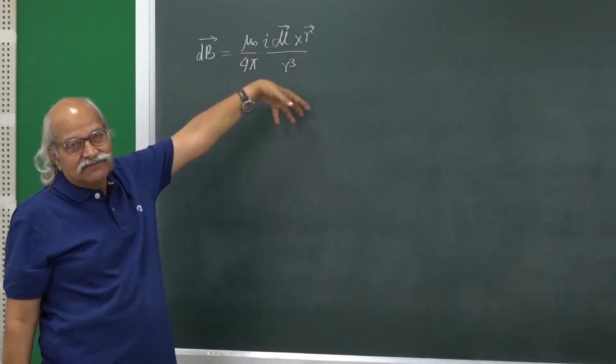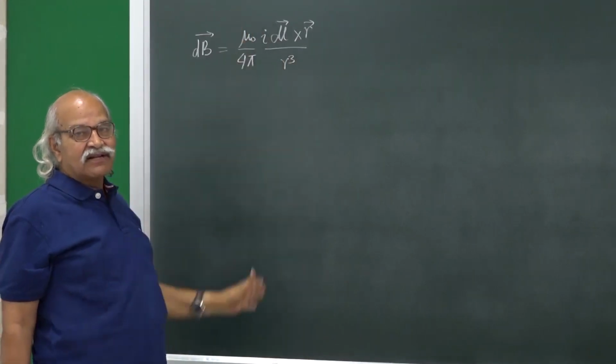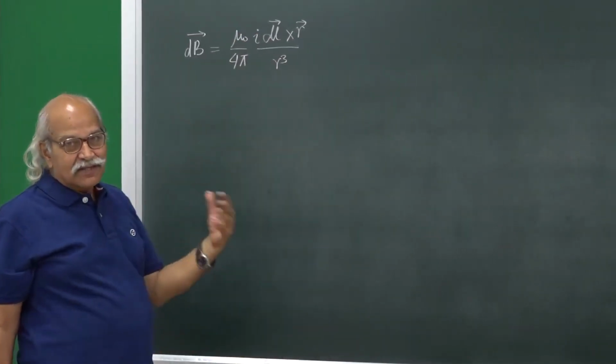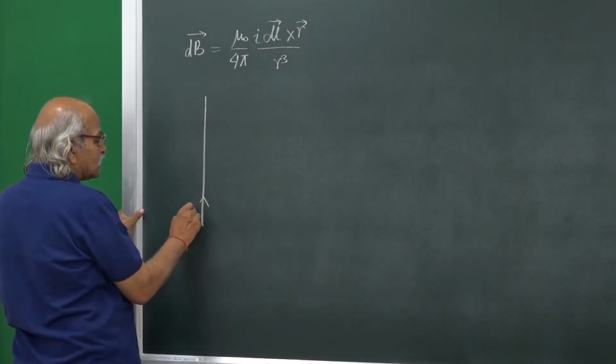Using this we calculated the magnetic field due to a straight wire current and circular loop with a straight wire current, long straight wire current.